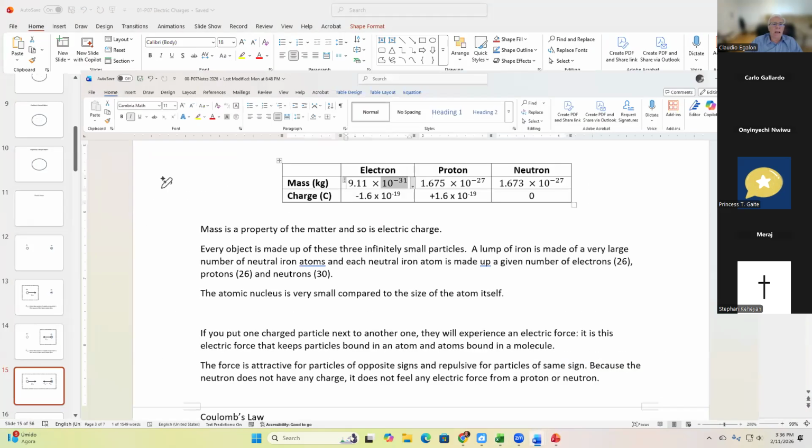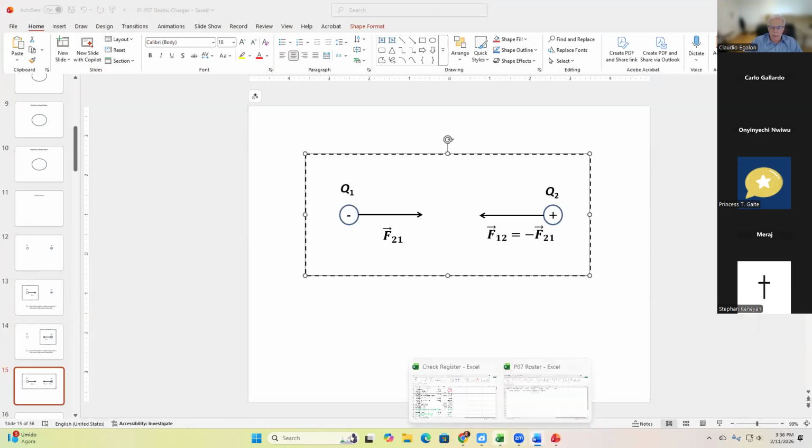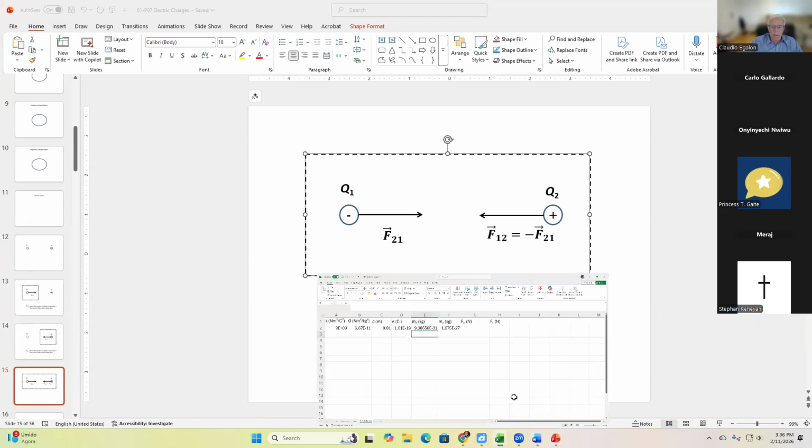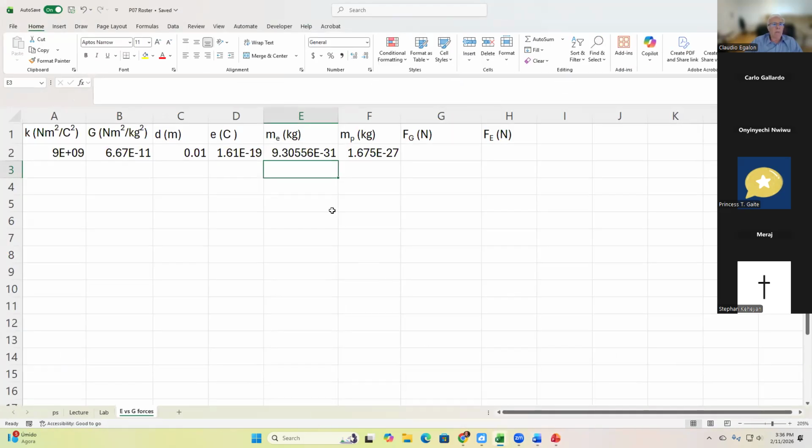In case you don't remember the exact value of the mass of the electron but you do know the mass of the proton, you can get a very good approximation by dividing the mass of the proton by 1800, right? Let's put 9.11 times 10 to minus 31.